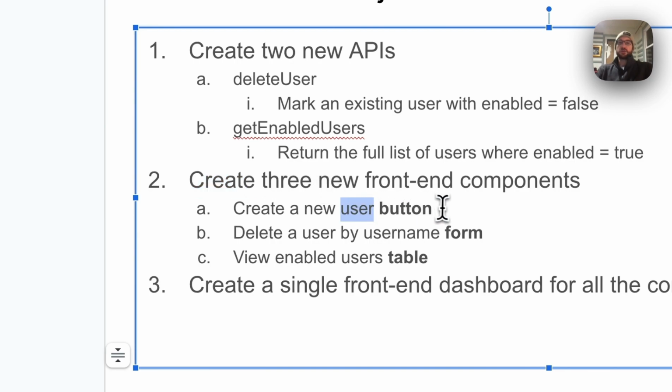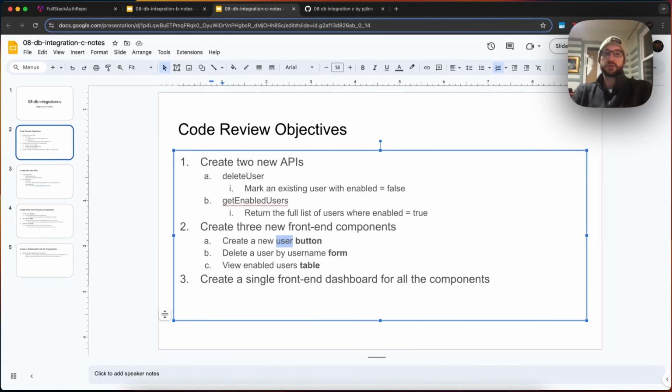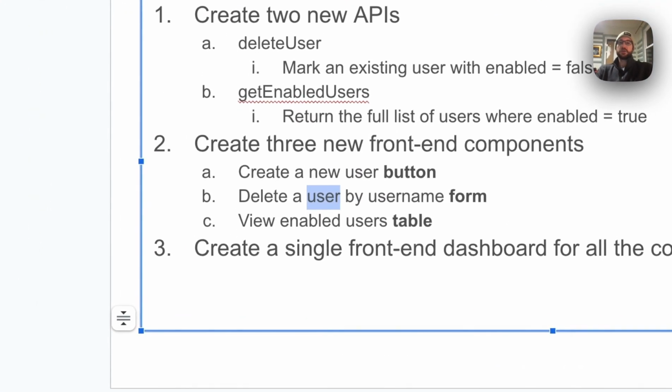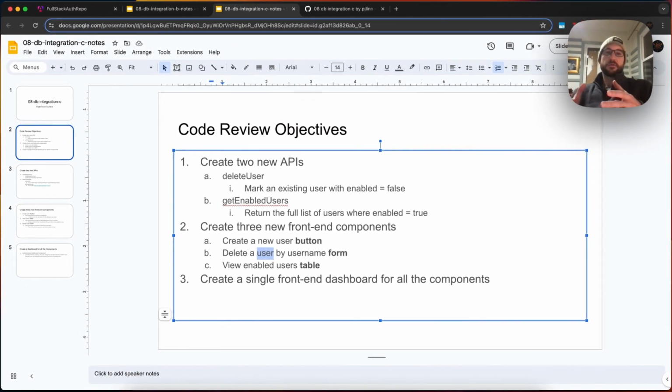A createUsers button, and that button will do what the curl request did. It'll create a new user. A delete user by username form will have a text input for the username and a button to submit the form. It will call delete user and mark that username, if it exists, with enabled as false.